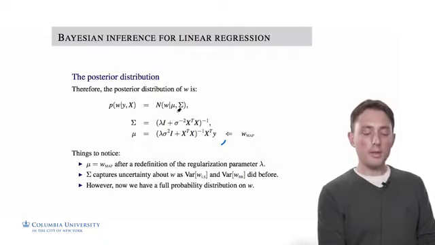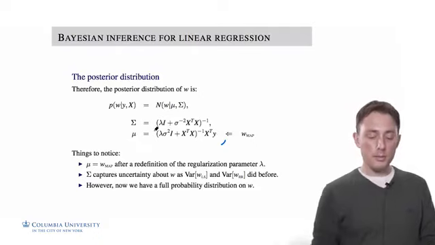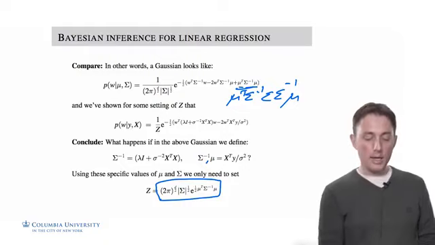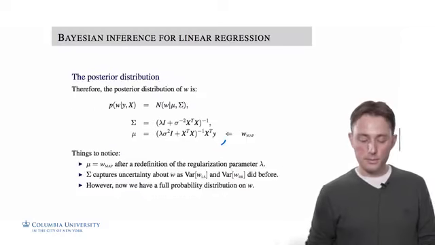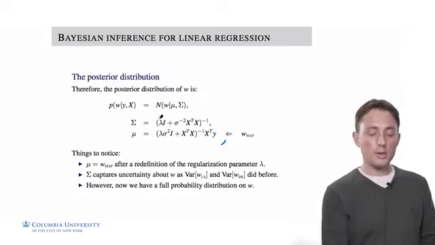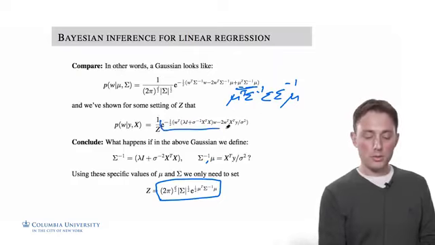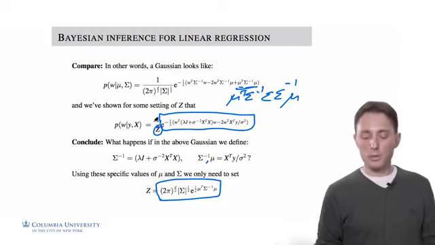Again, if we write out this function, plug this in for the covariance and this in for the mean, and expand everything out, we'll find that it's equal to this function divided by this constant with respect to w. So a Gaussian with mean and covariance set to these two things is proportional to this function. We simply need to divide it by some constant with respect to w.